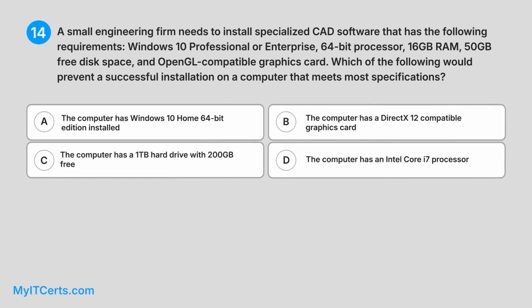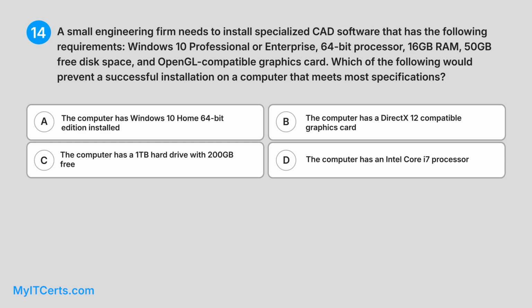14. A small engineering firm needs to install specialized CAD software that has the following requirements: Windows 10, Professional or Enterprise, 64-bit processor, 16 GB RAM, 50 GB free disk space, and OpenGL-compatible graphics card. Which of the following would prevent a successful installation on a computer that meets most specifications?